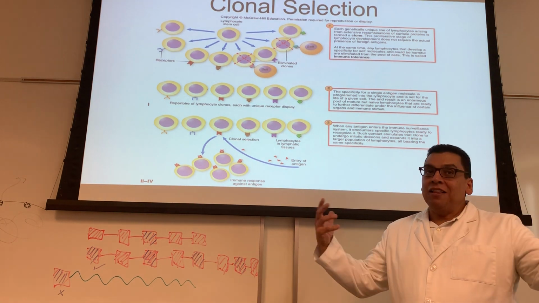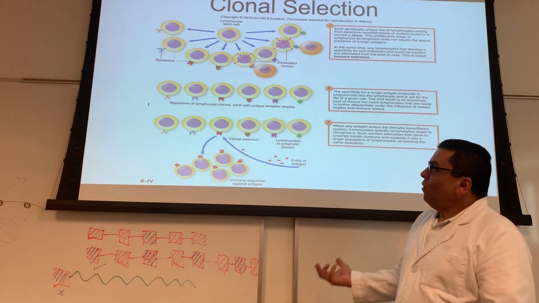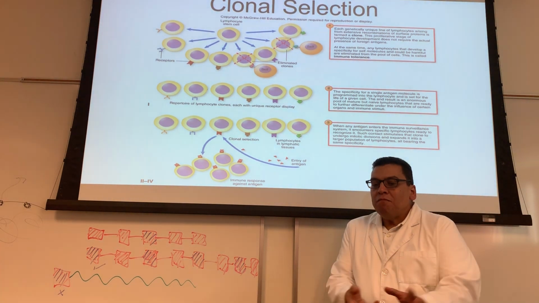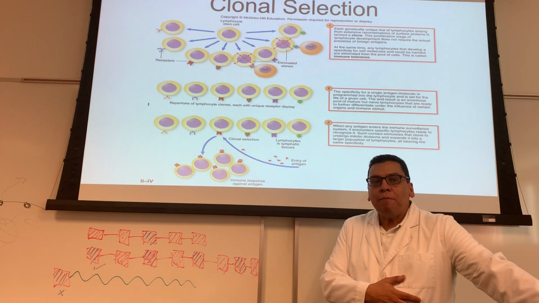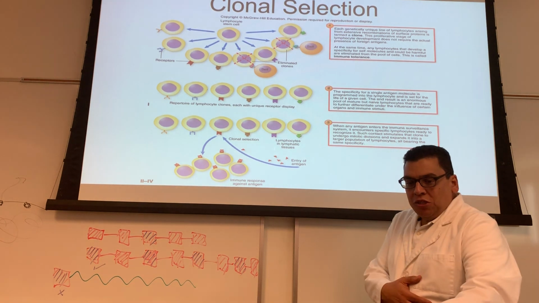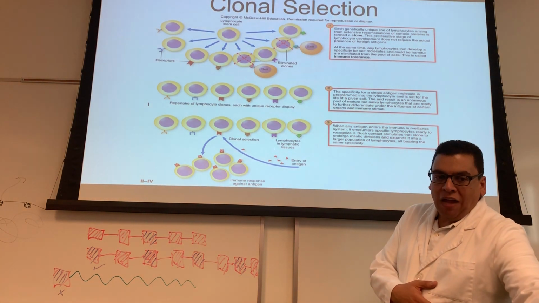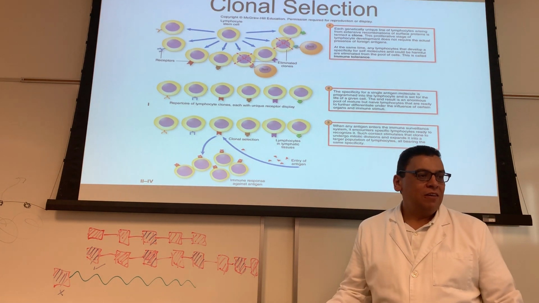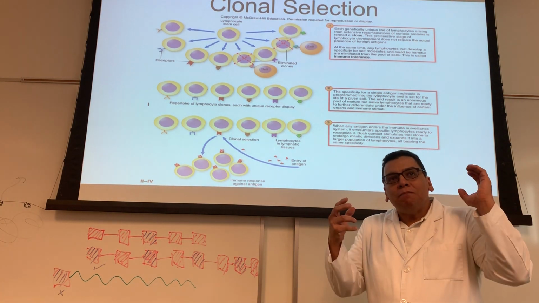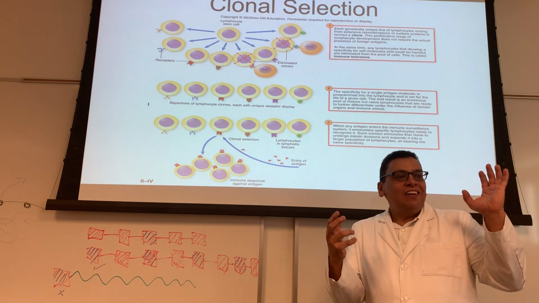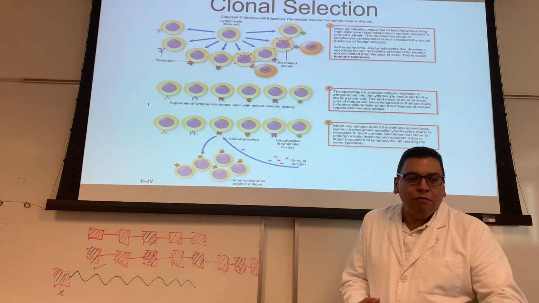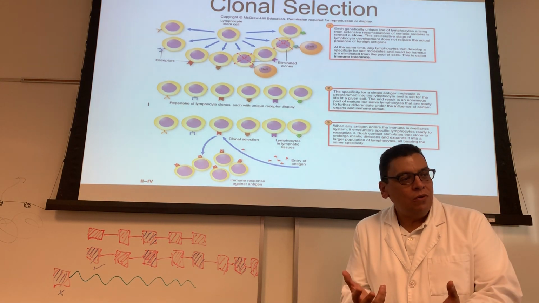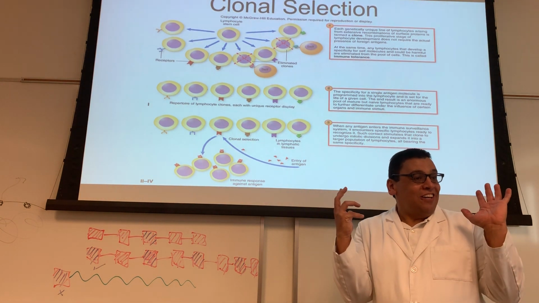Remember, it's just a random shuffle. How will the B cell know that this shuffle matches the red cap antigen and this shuffle matches the yellow cap antigen? No, it doesn't do that. It just creates a shuffle. And if it happens to match the red one, good. If it happens to match the blue one, good. But what if it matches you, the host? That's not good.